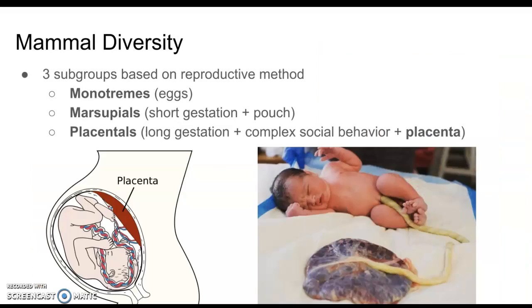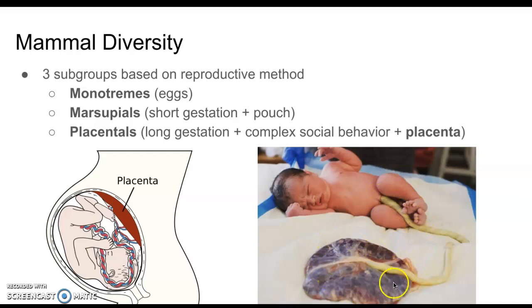And the last one is called the placentals. The placentals, like you and I and other humans, have a very long gestation period, meaning they will stay inside the mom for a very long time, and they have a placenta. A placenta is the organ that allows the baby to receive nutrients and oxygen, and collect wastes, through the umbilical cord in and out.